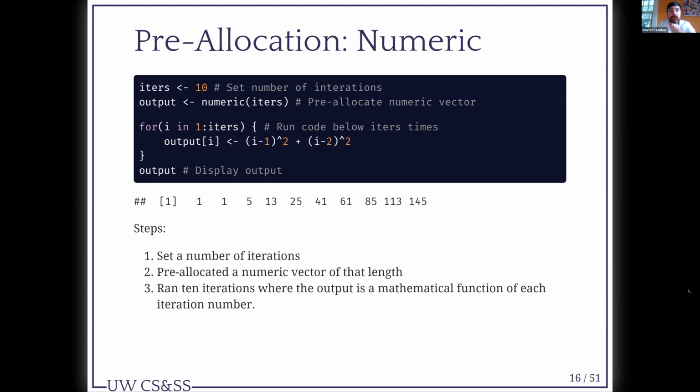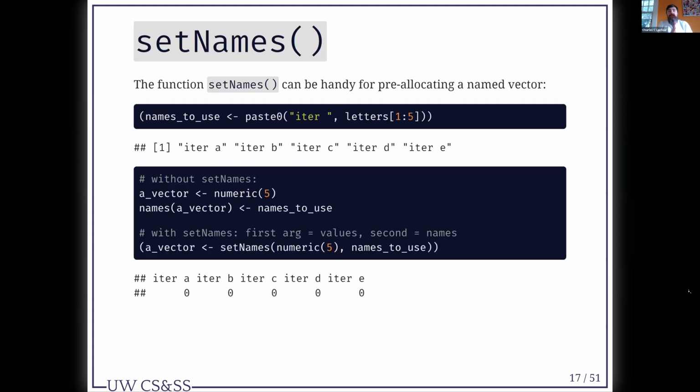Okay, so setNames is a convenience function I want to mention here for pre-allocating objects. setNames allows you to create the object you want to pre-allocate and give it names in the same operation. So let's say I want to create a vector that looks like this down here.